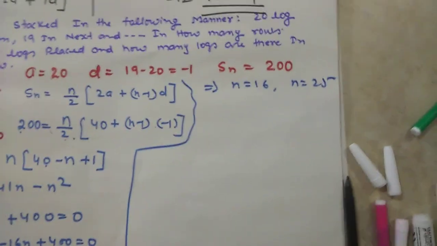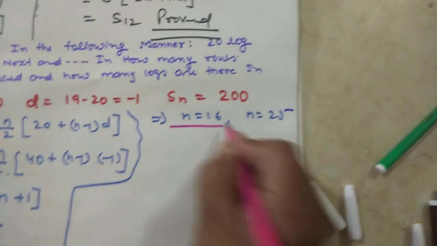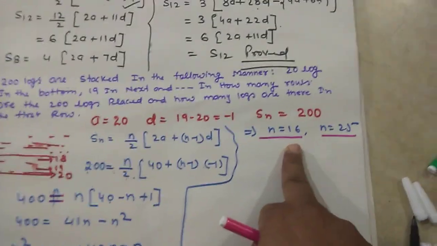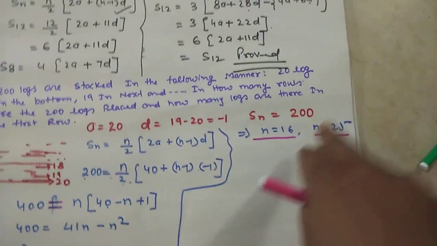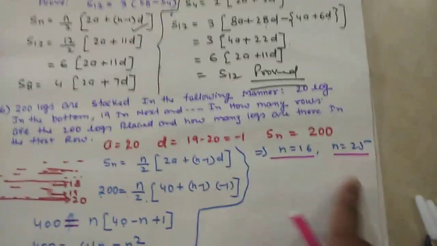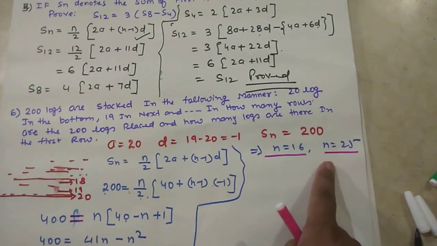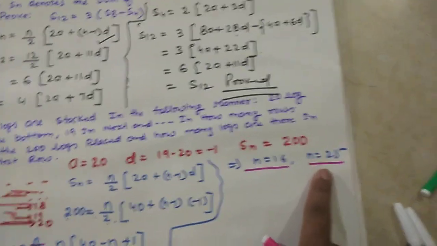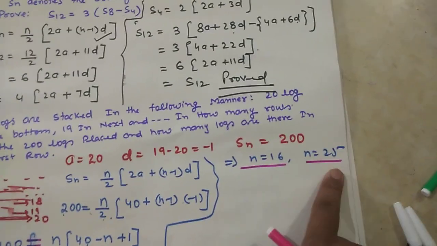Now why did I select this question? Because of these two answers. Sometimes you will get stuck here with n equal to 16 and n equal to 25, which will be the exact answer, because these are two positive natural numbers, and we know that a number is perfect, so we have to take both numbers.